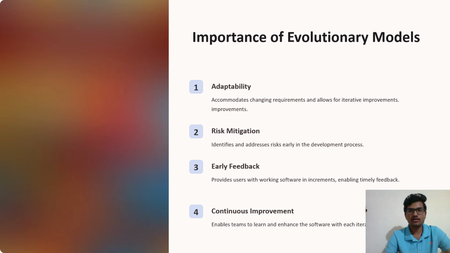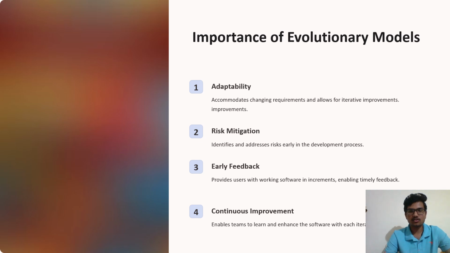So coming to the importance of evolutionary models, it has adaptability, risk mitigation, early feedback, and continuous improvement. Adaptability accommodates changing requirements and allows for iterative improvements. Risk mitigation involves identifying and addressing risks early in the development process.